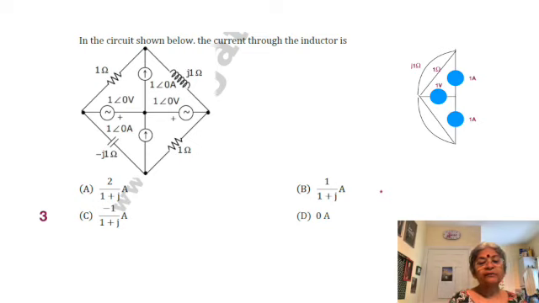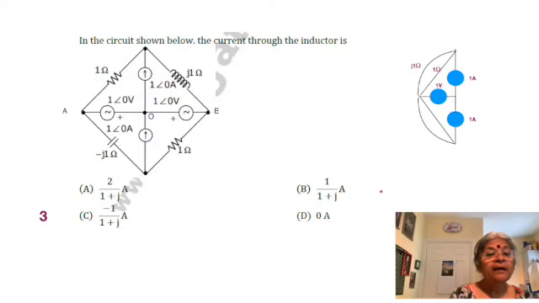The first thing that we notice is always going to be the central part. Of course, analysis is via the outer branches, but the thought process starts from the interior. The interior tells us that the central point is at 1 angle 0 with respect to both the outer points. What does it mean?